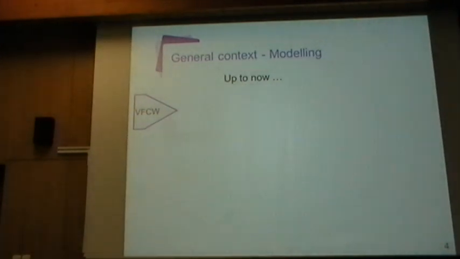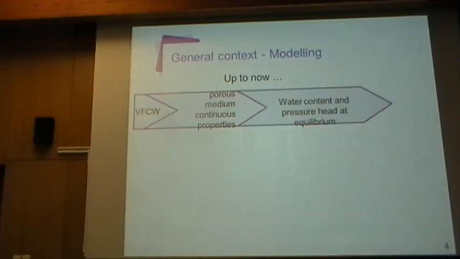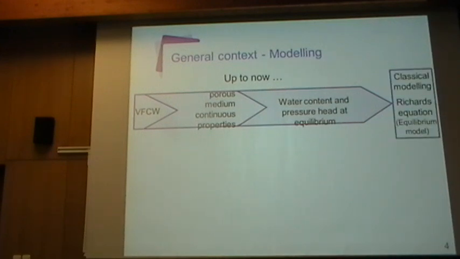Concerning modeling, up to now, vertical flow constructed wetlands are depicted as a porous medium with continuous properties, and water content and pressure heads are at equilibrium. So, often we use the equilibrium model to simulate the water behavior.